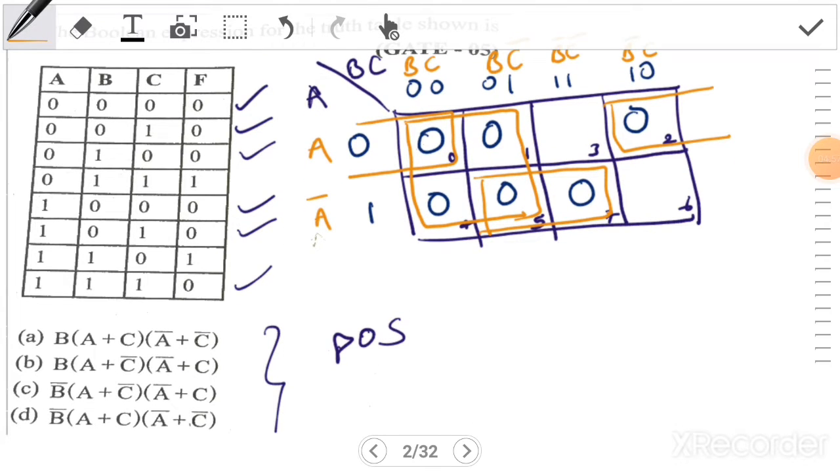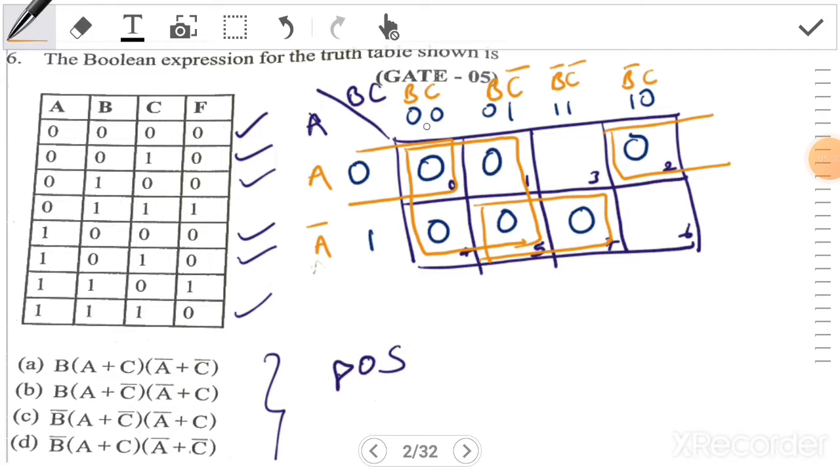So in product of sum form, we'll have for this group of 4, we have only B in common. Okay. For this group, we have A complement and C complement in common.